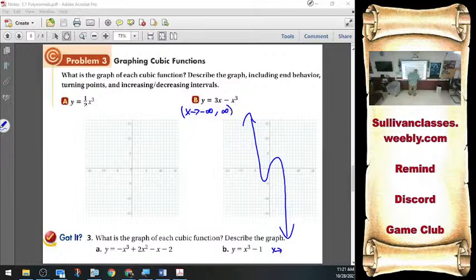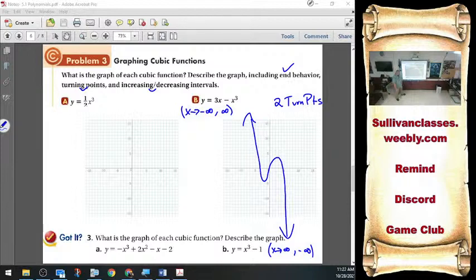As x approaches positive infinity, what's my y doing? Okay, so that's end behavior. Turning points: how many times did it change direction? 2. So I'd say 2 turning points.